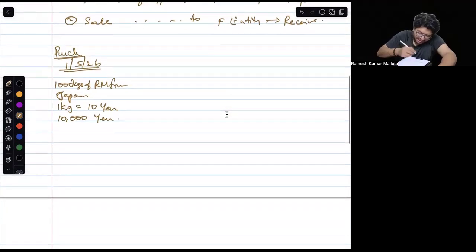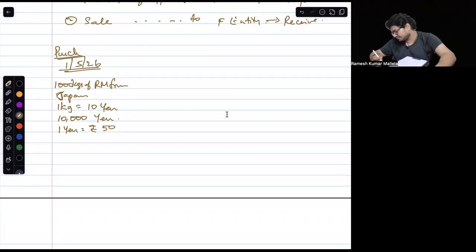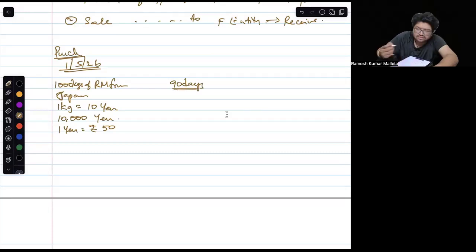On the day I ordered, 1 yen in rupees is, say, 50 rupees. He said the credit period is 90 days from delivery.